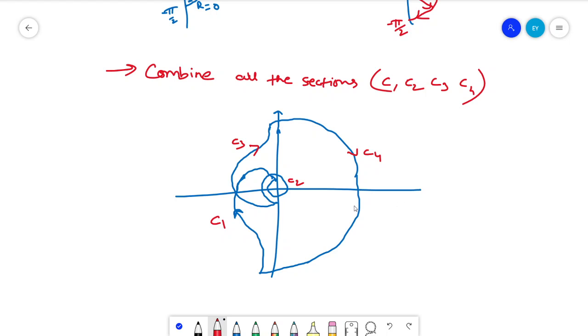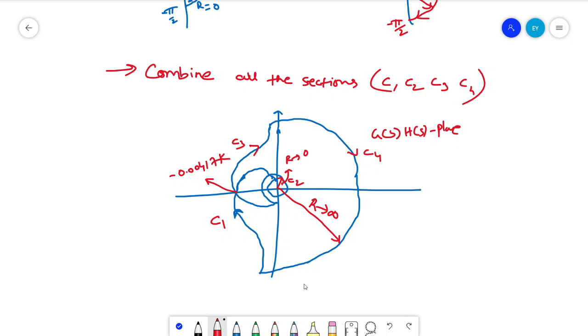Now we need to write the stability conditions. Here this radius is actually 0. This radius I will mention as r tends to 0, and this radius is r tends to infinity. This particular point is minus 0.00417 K. So for the system to be stable, this is actually the G of S, H of S plane.